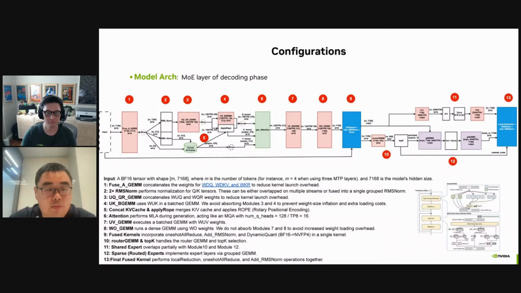And again, here we have fused everything together: the local reduction, the one-shot reduce, and the add RMS norm operations. That's quite a big diagram, but we have put everything in this diagram, such as our parallel strategy, our precision, our fusion pattern, our kernel connection.